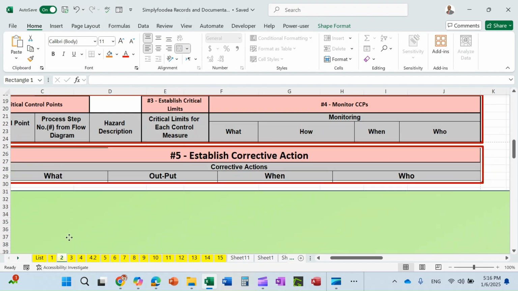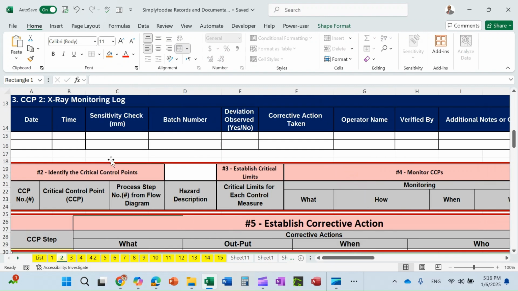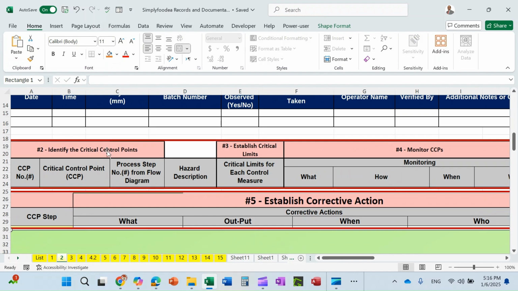And these are the tables we have in the main table for the second, third, fourth, and fifth principles of the HACCP plan, which is identification of the critical control point. What is the CCP number, what is its name, what is the process step number in the flow diagram, and what is the hazard description.